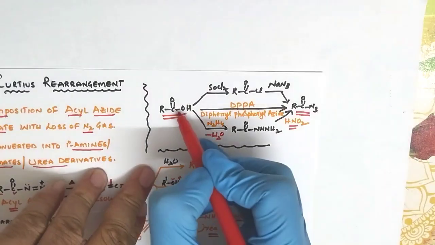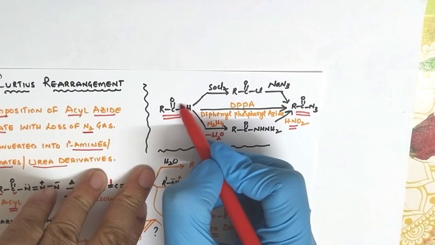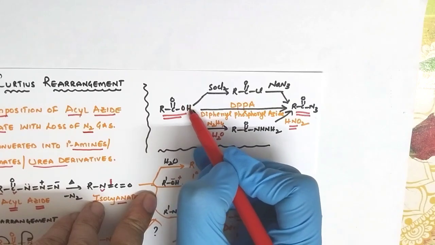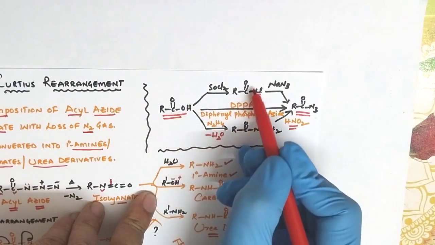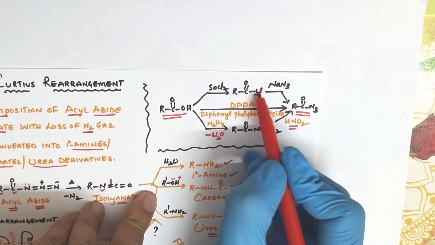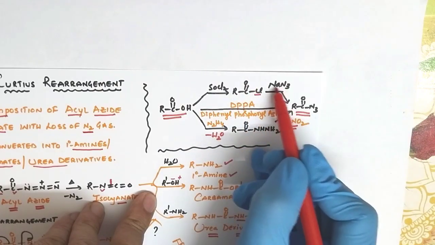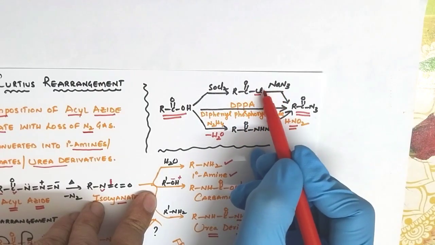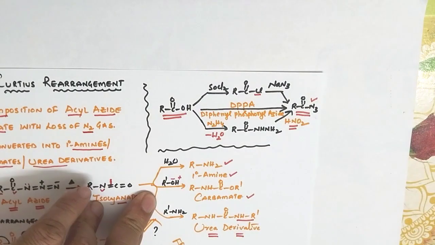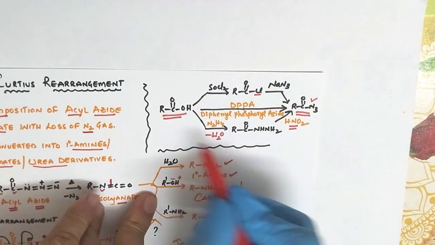First, whenever the carboxylic acid is treated with thionyl chloride, what happens? The OH is replaced with Cl. So these products are acid chlorides. Acid chlorides are treated with sodium azide, NaCl will be removed and we will come up with the corresponding acyl azide.